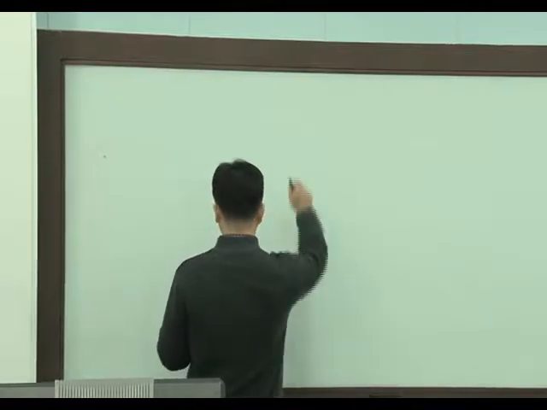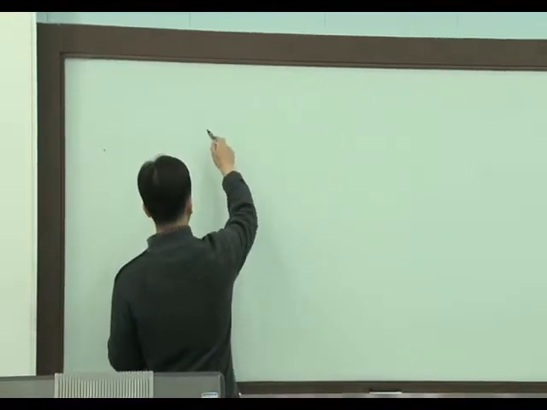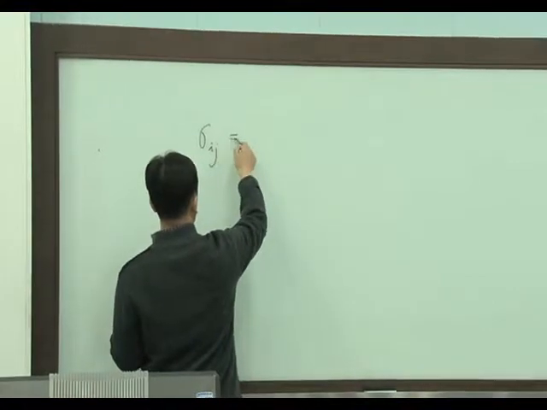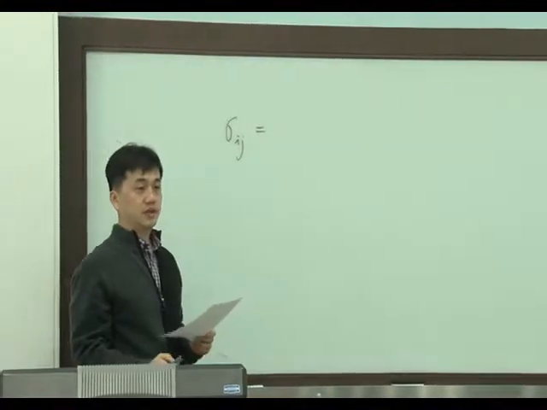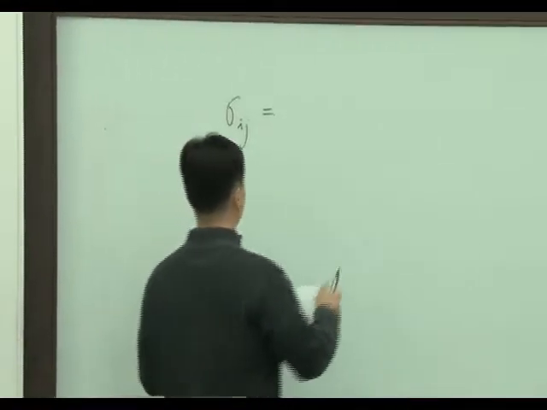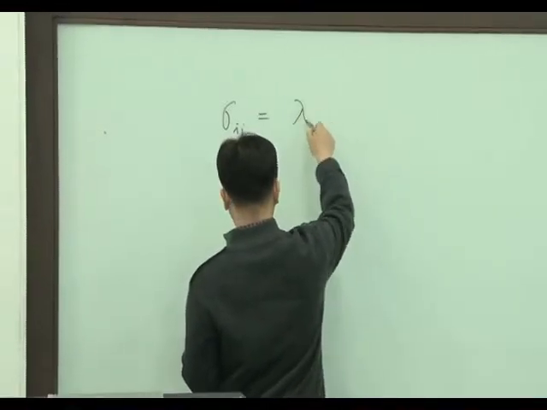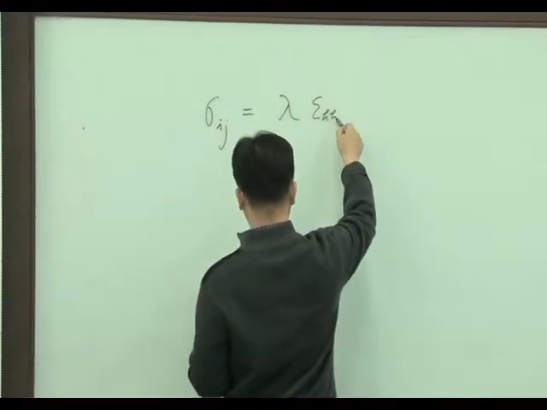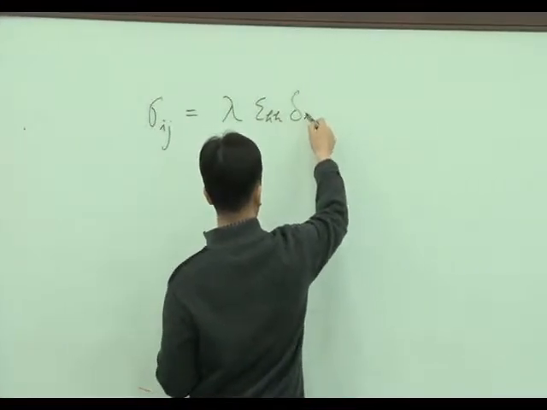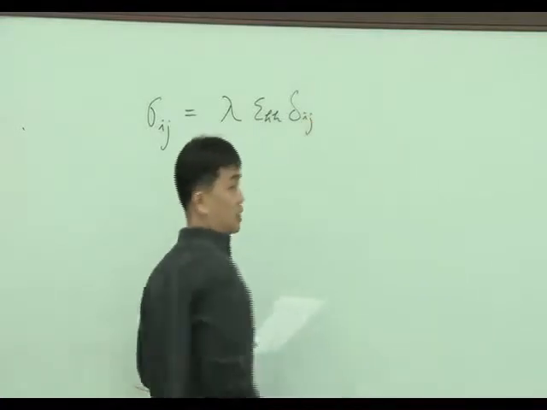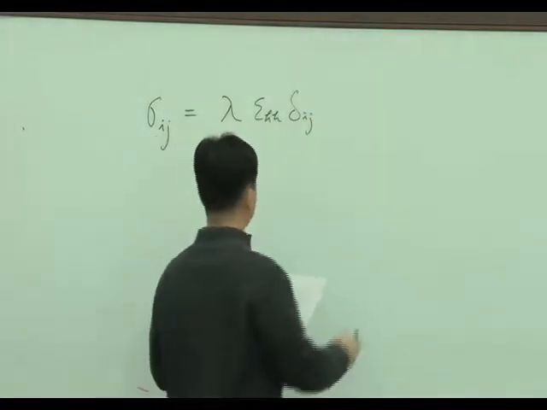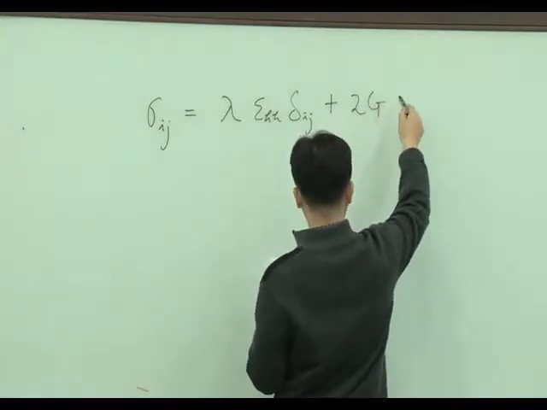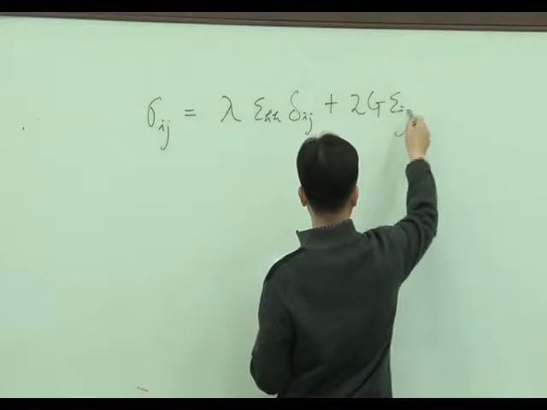So let's remind the material law. We derive the stress-strain relation with two constants, lambda and G. Here, sigma ij is lambda times the Kronecker delta plus 2G epsilon ij.